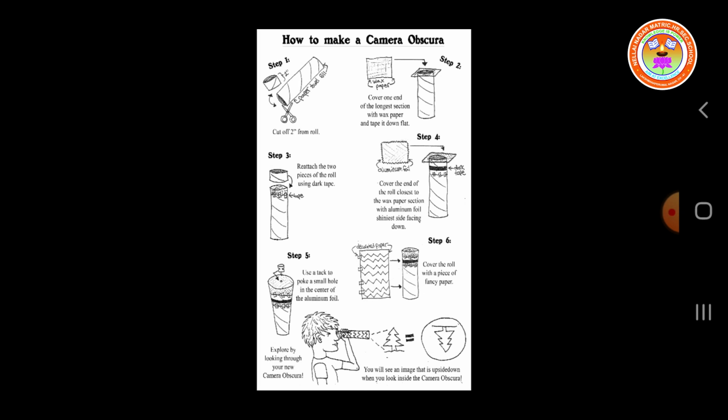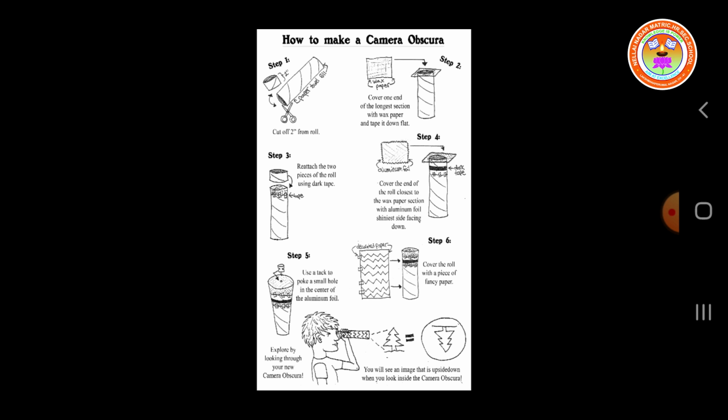Fix a carbon paper to one side of the tube of greater diameter. Make a hole with a pin at the center of the carbon paper. Close one end of the second tube with the butter paper. Slide the smaller tube into the bigger one in such a way that the butter paper is inside.